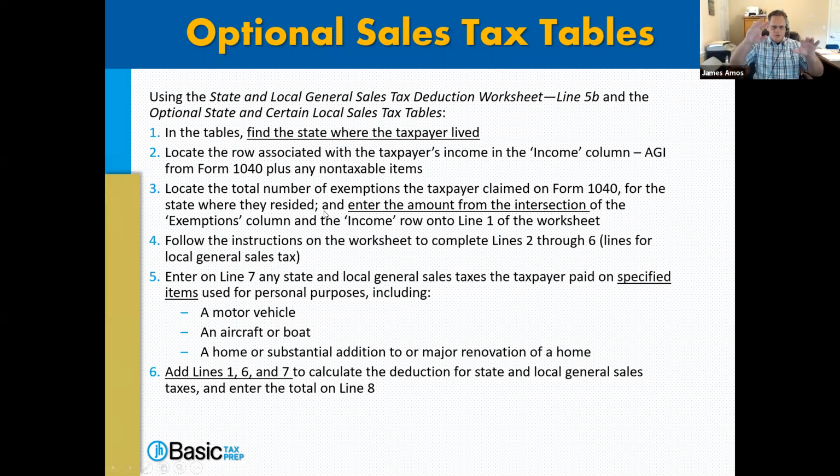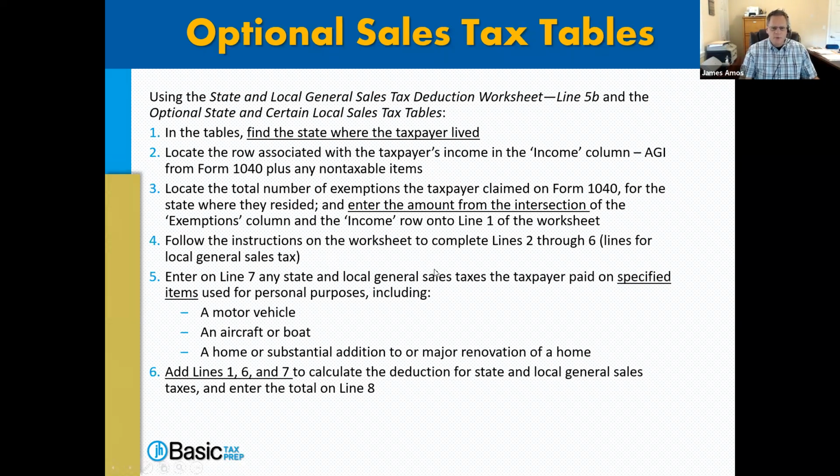So you go into the chart for that state, you find their AGI, and along the top the number of exemptions, and then you find the intersection point, and that's the amount that you'll take.